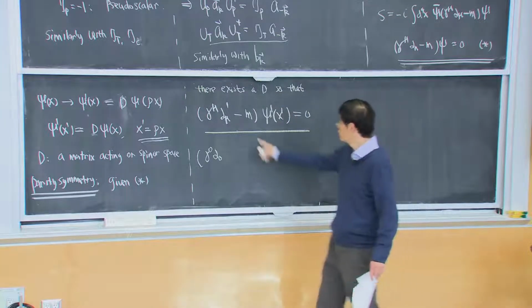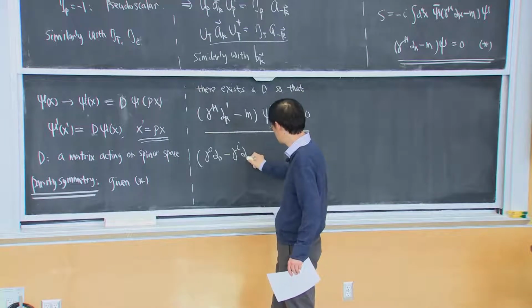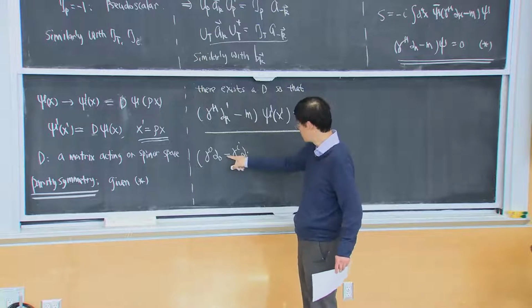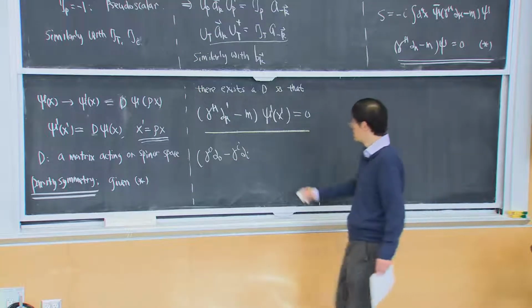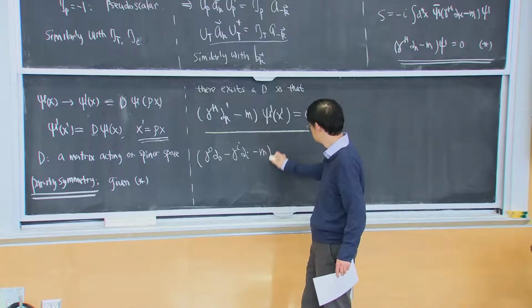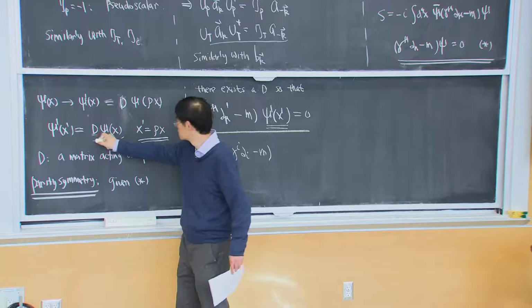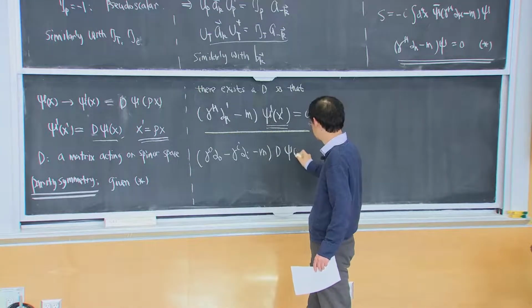Then you flip the spatial direction, so this becomes minus gamma I partial I, because you change sign, and minus m. And this one, from our definition, should be equal to d psi x.